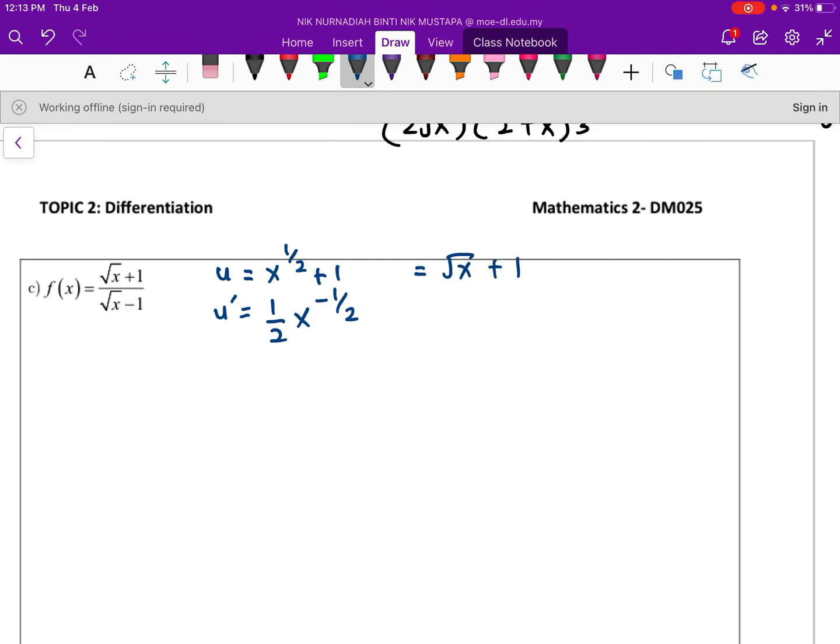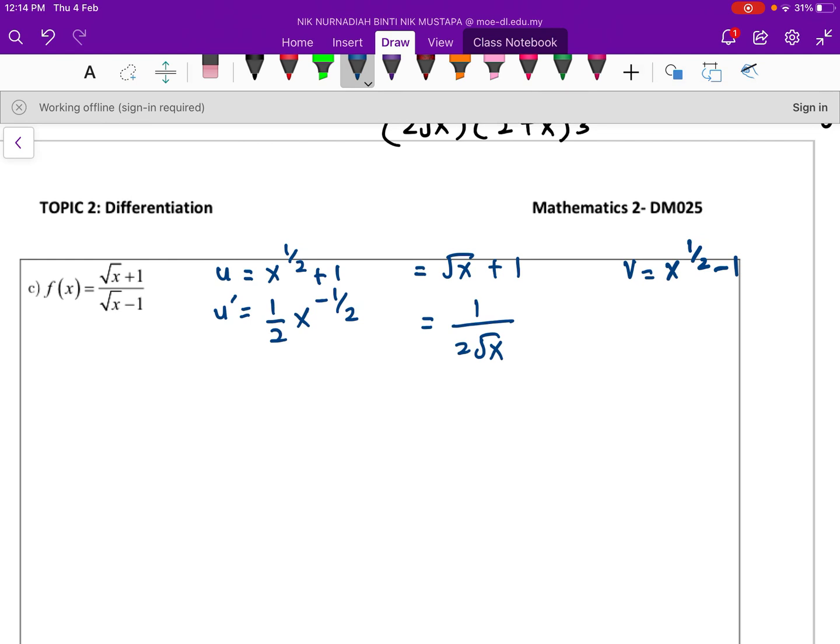Okay, become like this. This one kan cantik kan. Kena jadikan dia still in the set form. Okay, sebabnya bila set nanti tu tak best sangat lah. Bila ada kuasa-kuasa ni, nak bermain dengan kuasa ni tak best sangat. So dia akan jadi 1 over 2 set x here. And then our v is x to the power of half minus 1.